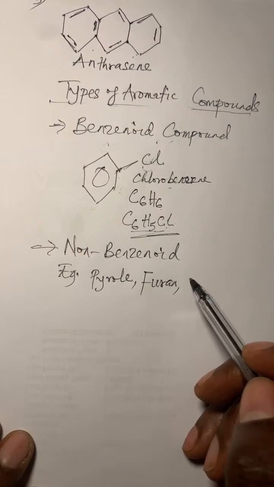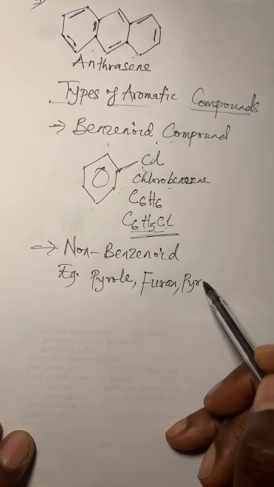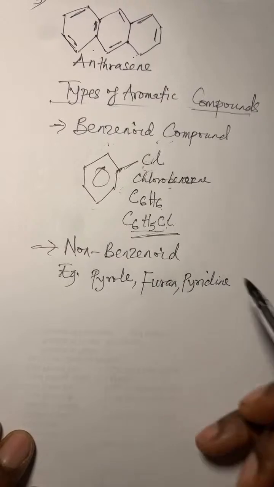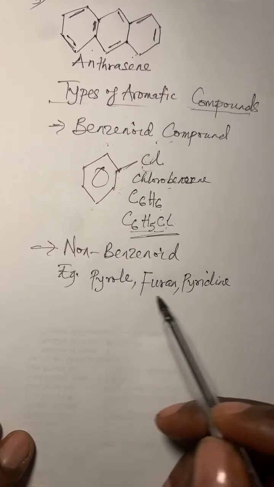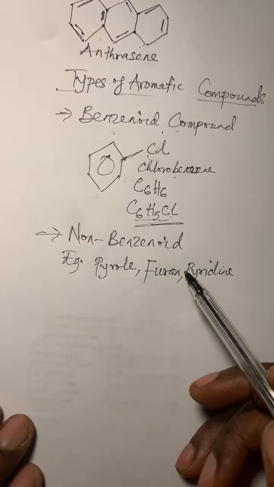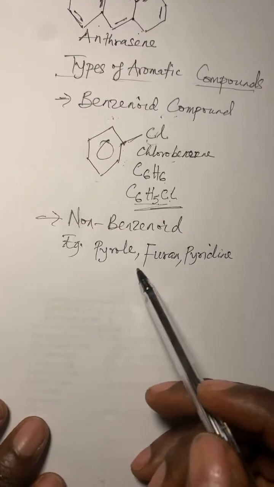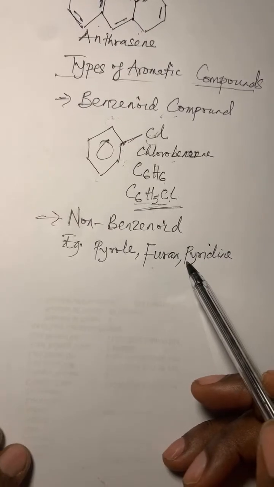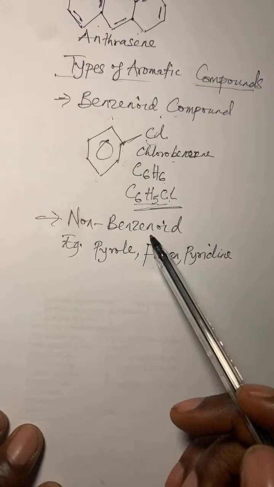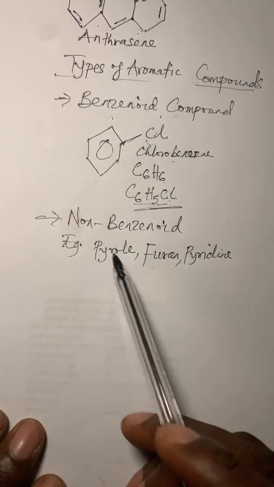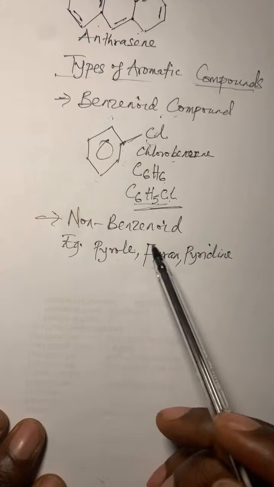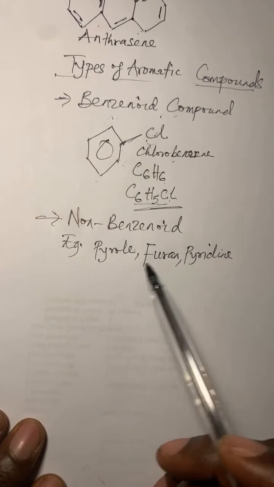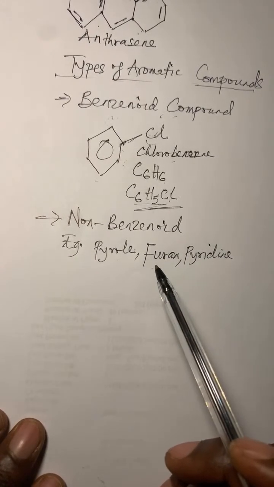Is it pyridine? All these are examples. It's okay if you've not heard about them. I can even draw the structure of these three that I've mentioned. I remember I said that they don't consist of a benzene ring and they don't have any resemblance with the likes of benzene.